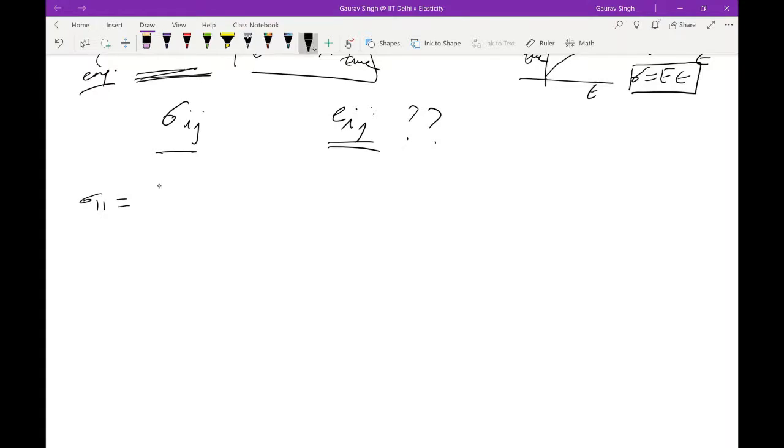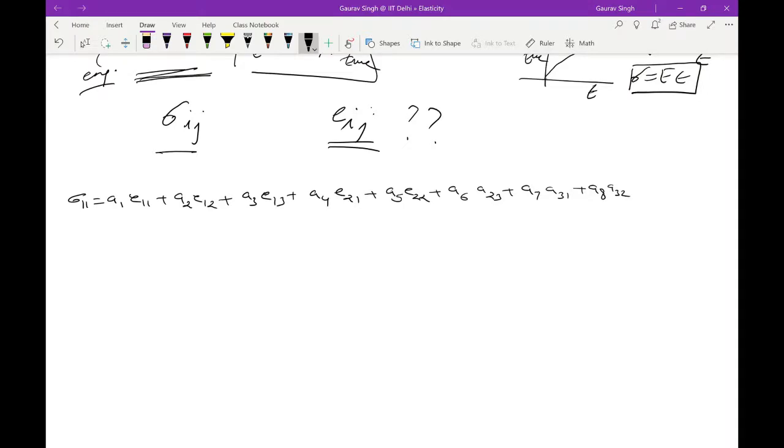Let's try that. Sigma 11 equals A1 E11 plus A2 E12 plus A3 E13 plus A4 E21 plus A5 E22 plus A6 E23 plus A7 E31 plus A8 E32 plus A9 E33.